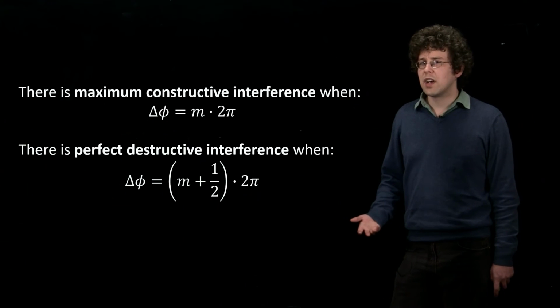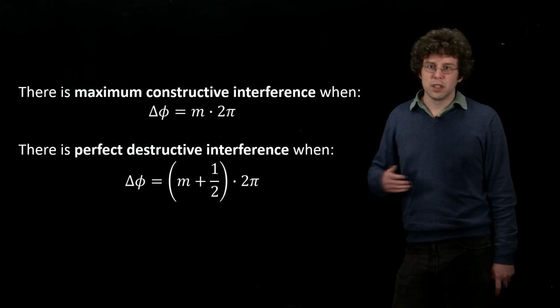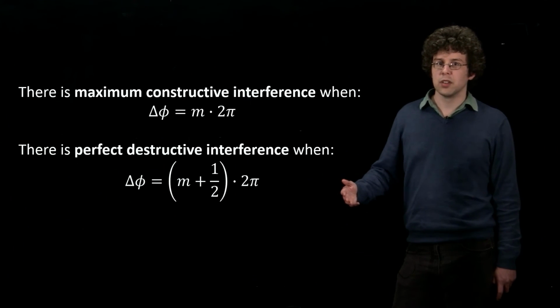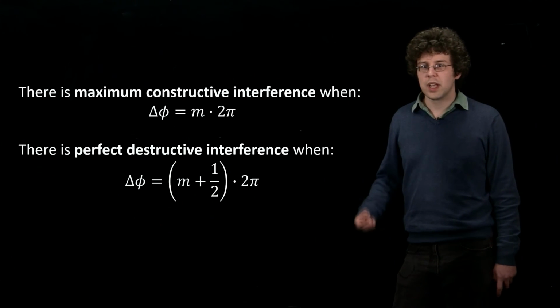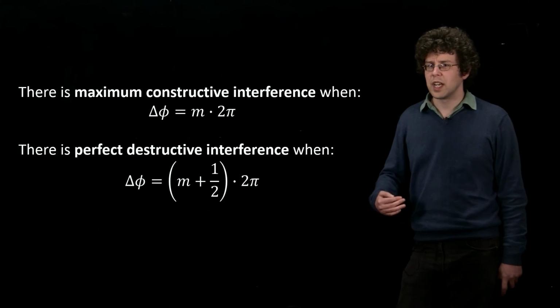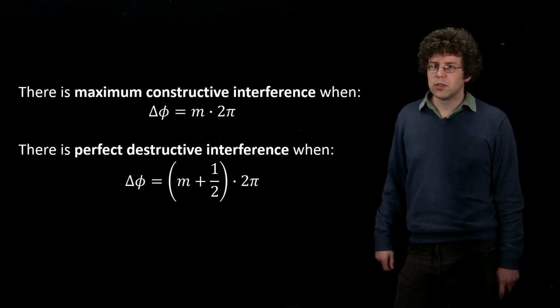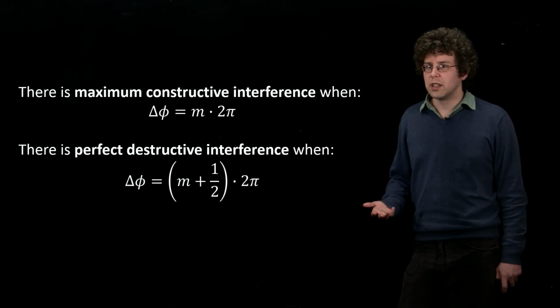But most of the time, we're going to just be considering the effect of shifting the position, changing the length that each of those two waves has to travel, and generally we'll consider the source of the waves to be the same. So we're going to apply this kind of principle to more complicated situations in the near future.